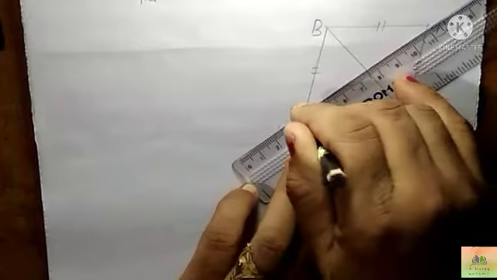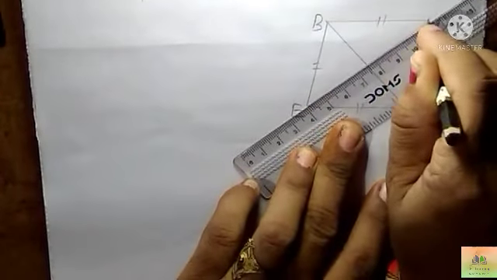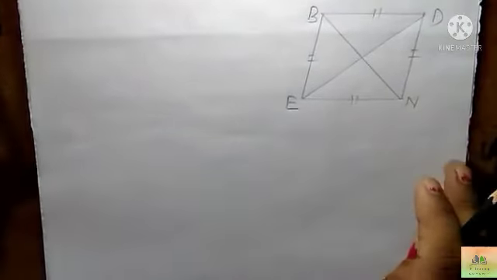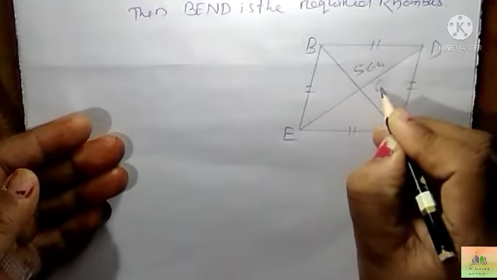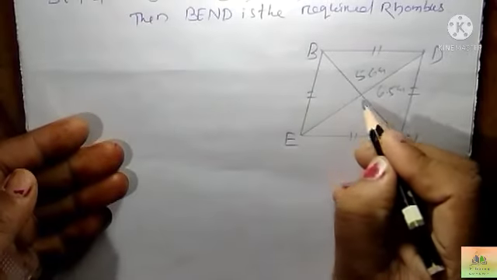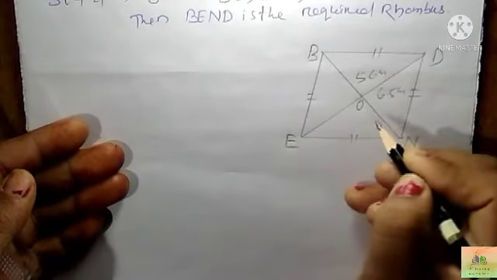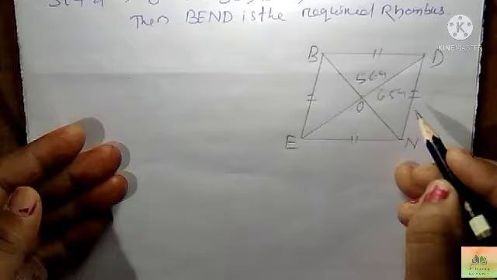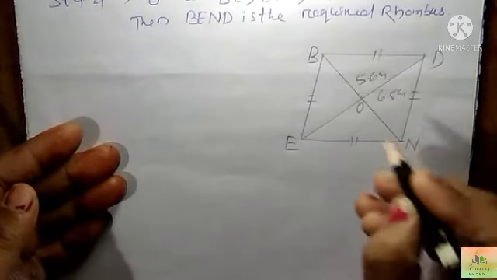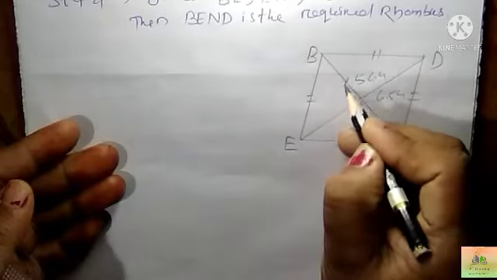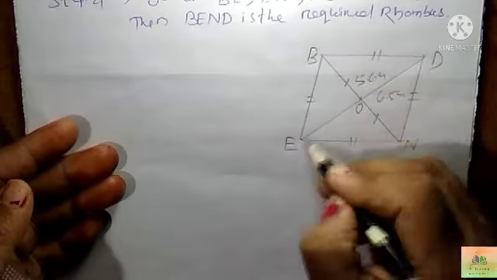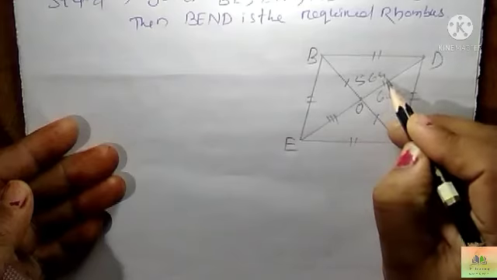So we know, students, that the diagonals of a rhombus bisect each other. That means BN is equal to 5.6 centimeter and ED is equal to 6.5 centimeter. Suppose this point is O. So we know the properties of a rhombus. The diagonals bisect each other. That means OB is equal to ON and OE is equal to OD.